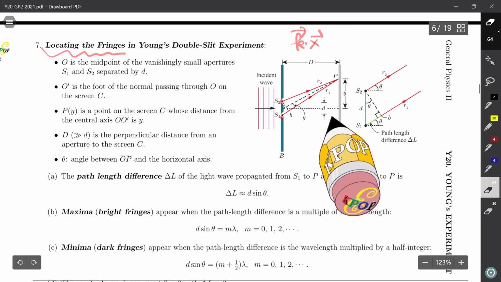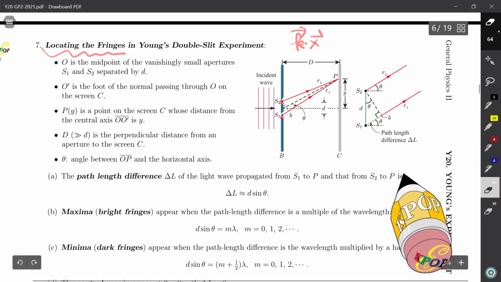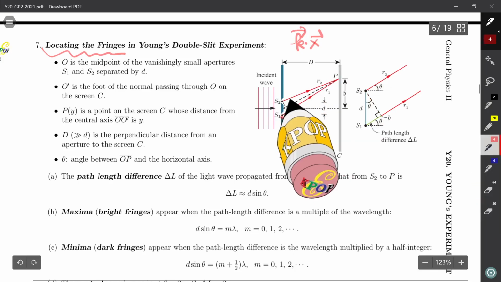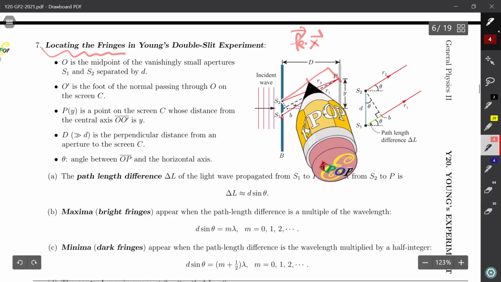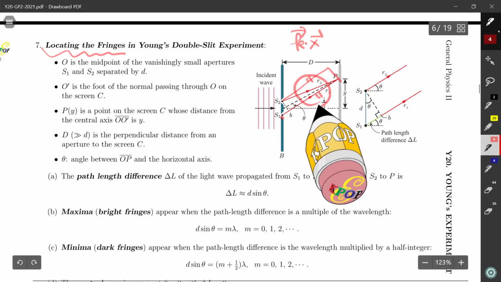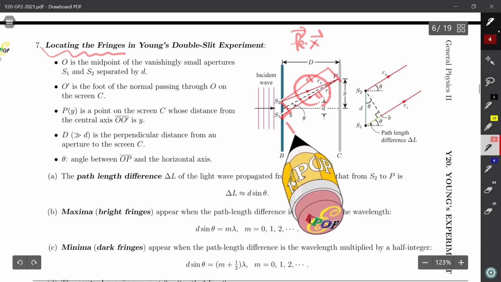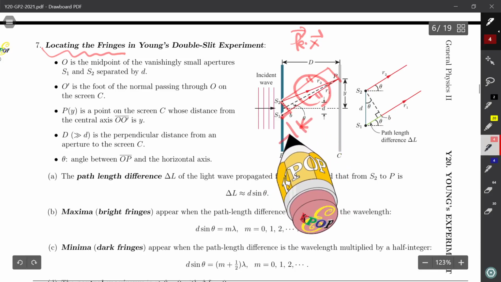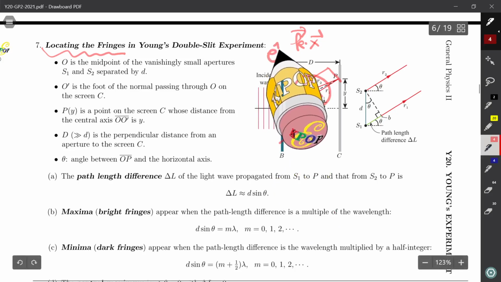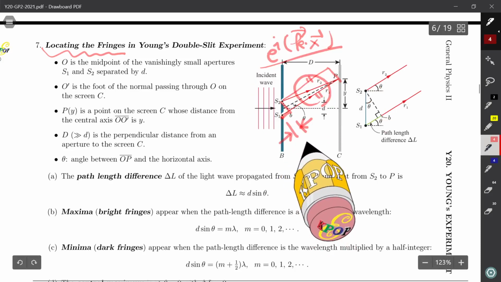The path difference of the two light waves can be calculated in this way, because from here to there, S2 to P, this distance is almost the same. So we ignore the same distance, and the only distance that makes a difference in the phase contribution of the exponential ikx is this gap.